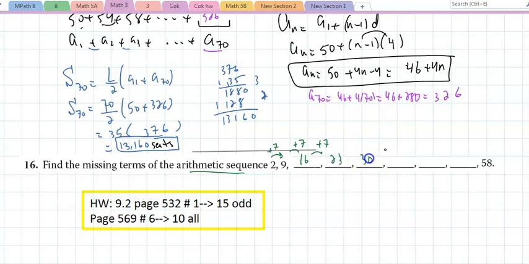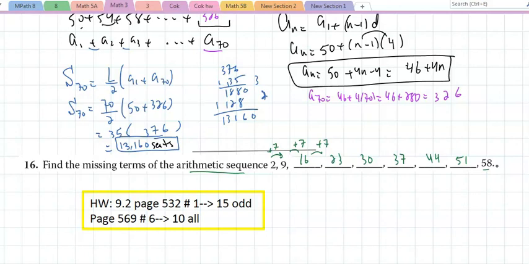Another 7, another 7, another 7, another 7. Whoops, something went wrong. What went wrong? I added 2 plus 7 is 9, 16, 23, 30, 37, 44. You guys, you don't have to add. Plus 7, 51. Plus 7 is 58. There you go. And there's your homework.